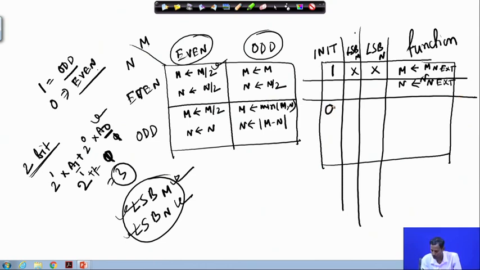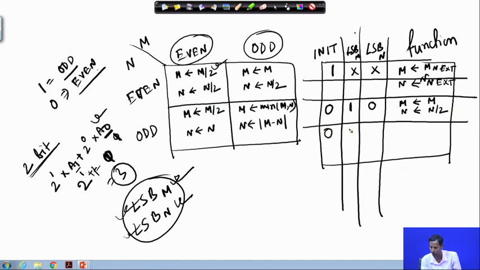Whenever this is 0 and LSB of m equals 1 and LSB of n equals 0, at that time what will happen? m equals m and n equals n by 2.